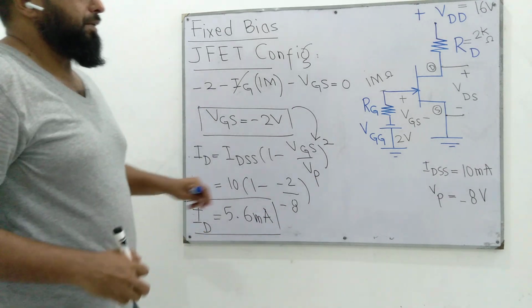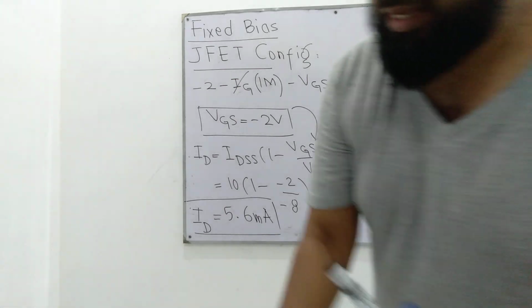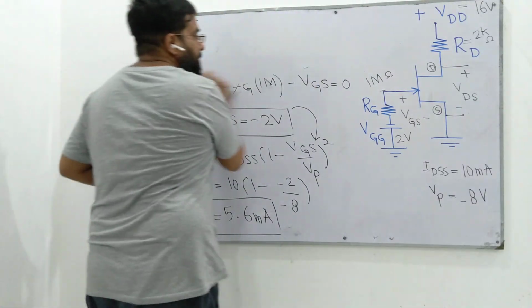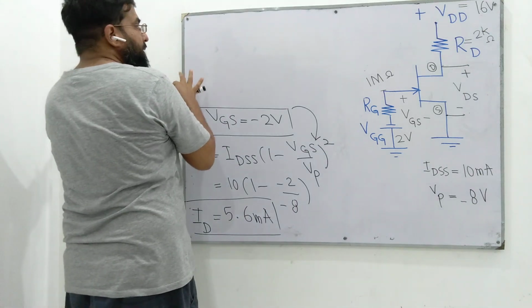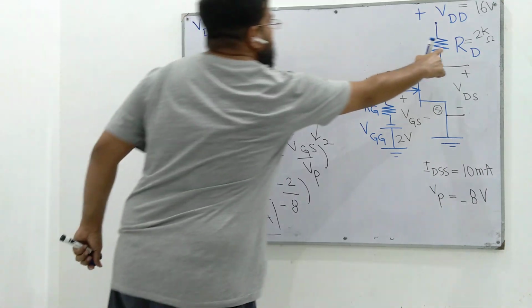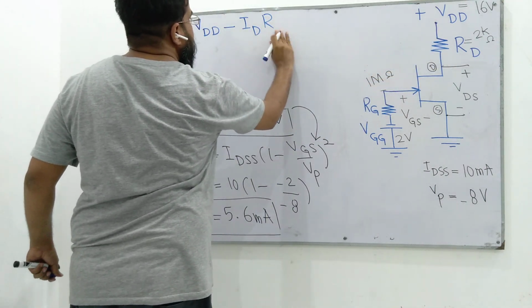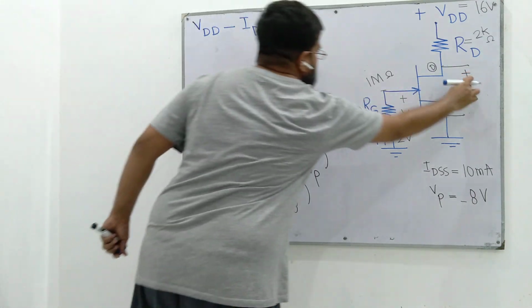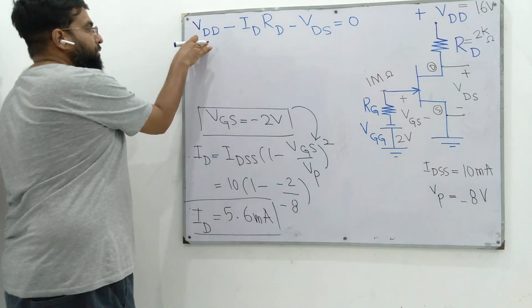The next step is to find the other quantity making the bias point, VDS. For VDS, we need to write down the output loop equation. We have VDD, a voltage rise, minus the voltage drop across RD, which is ID RD, minus the voltage drop VDS.